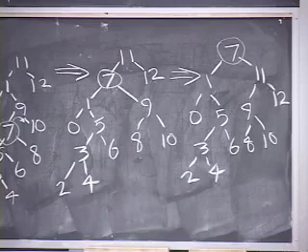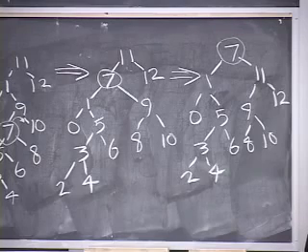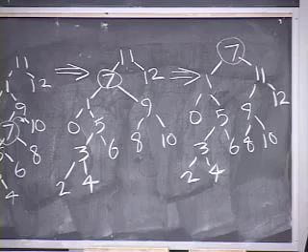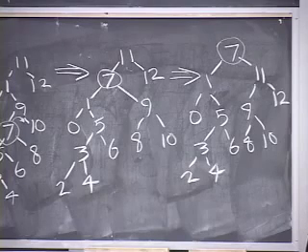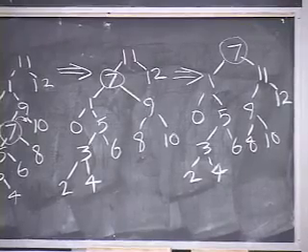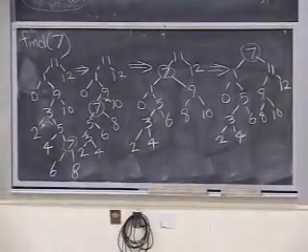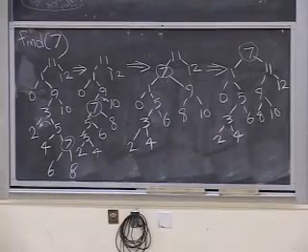Question? Yes? Well, I'm not sure exactly what you mean by using an array, but you only have to change the child pointers of the nodes that you actually visit.